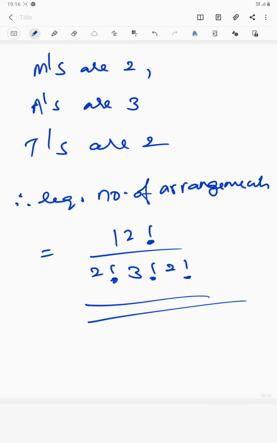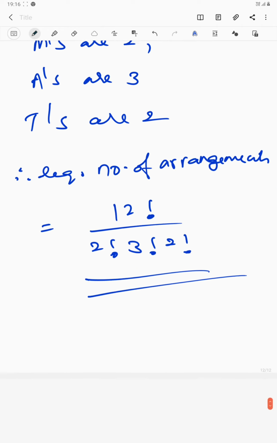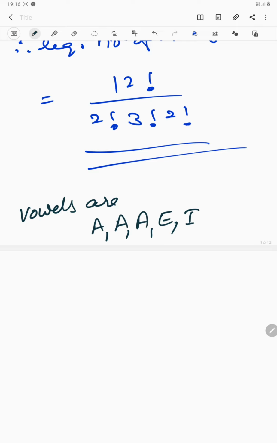Right? So, now how many vowels are there? 1, 2, 3, 4, 5. Means total 5 vowels are there. In that, A is repeated 3 times and the next 2 vowels are E and I. Therefore, vowels are A, E, I. Right? 5 vowels are there.